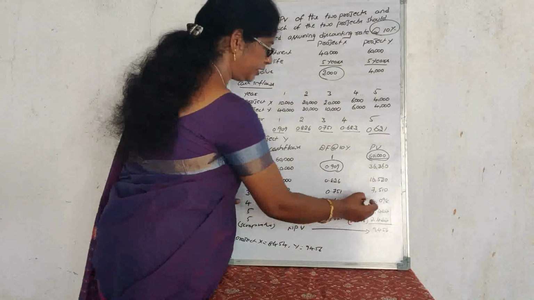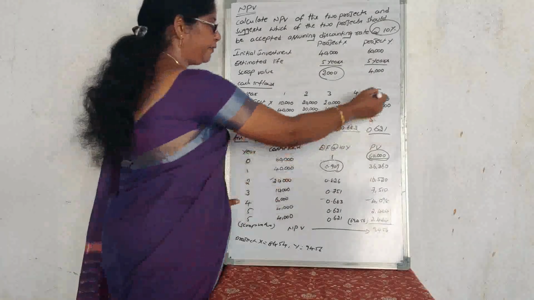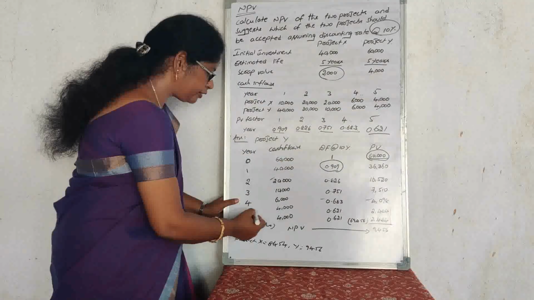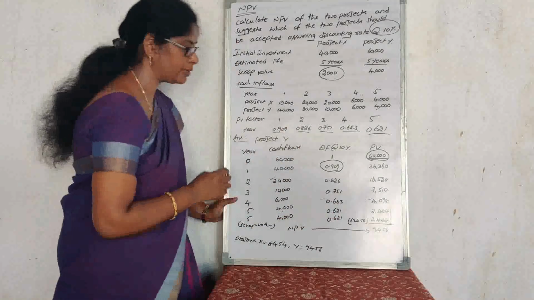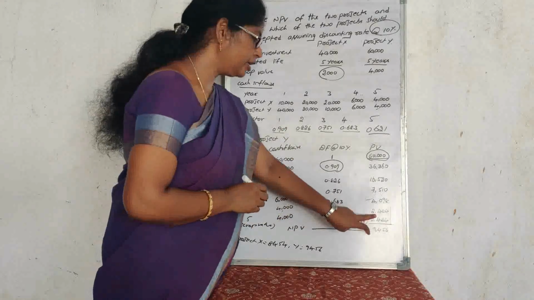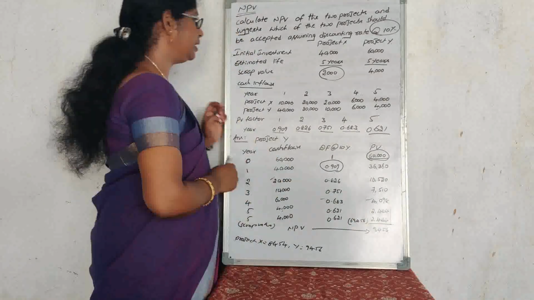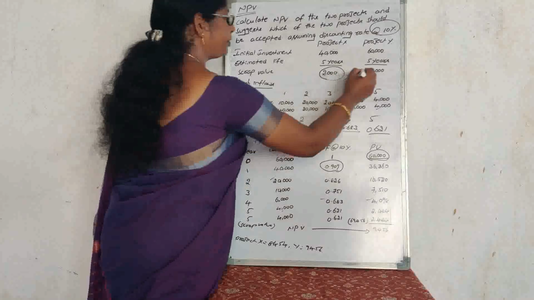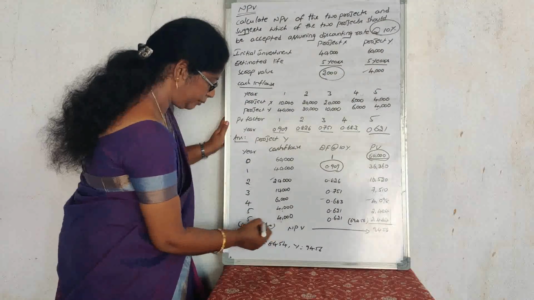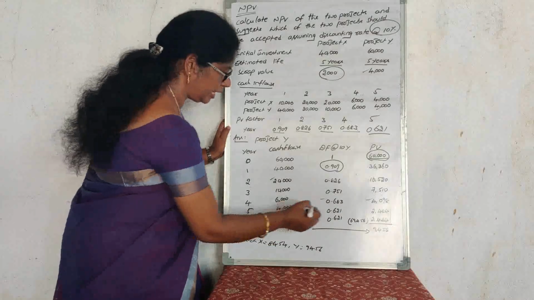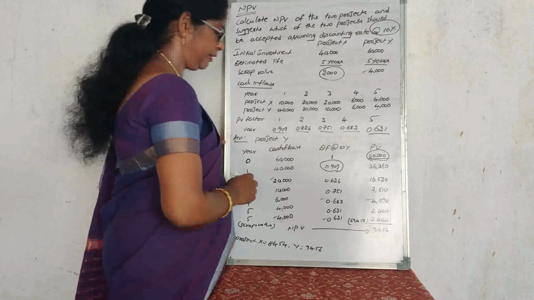At the end of the year we will receive 4,098 rupees. And the fifth year we will get 4,000 rupees as the cash inflow and the discounting factor value will be 0.621. The value will be 2,484. At the end of the fifth year, the scrap is 4,000 rupees. So here I am putting 4,000 rupees and the discounting factor here is 0.621.